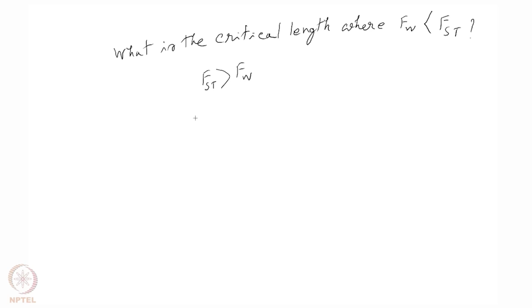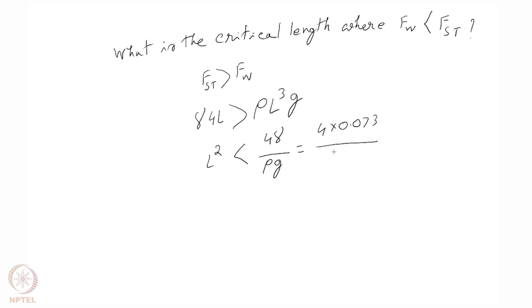So what is the surface tension force? It is gamma into S, that means gamma into 4L will be greater than rho L cube G, and then we get that L square is less than 4 gamma by rho into G, and if we put all these values, then this is 4 into 0.073, and below we have 1000 into 10, and that becomes 3.65 into 10 to the power minus 6.